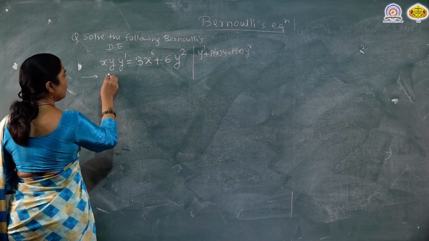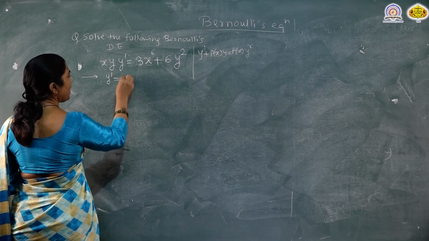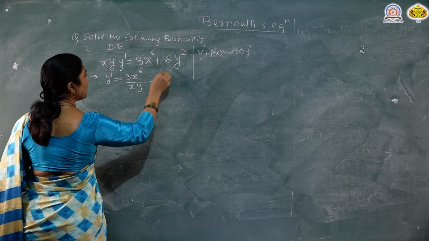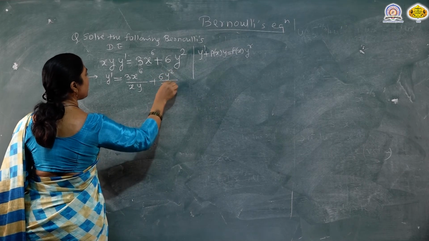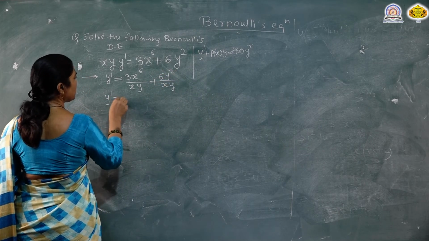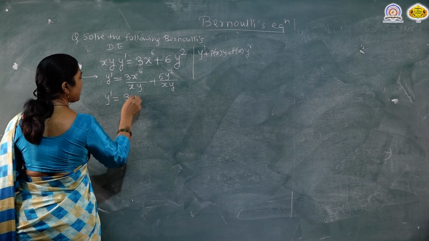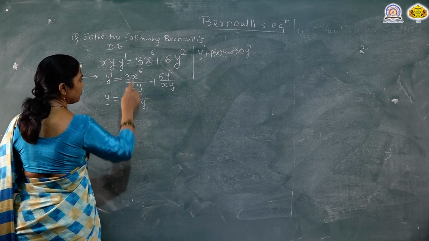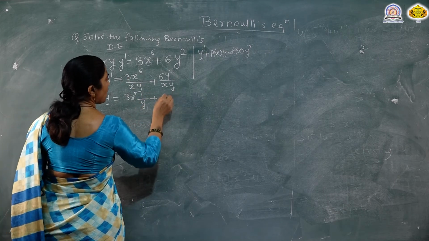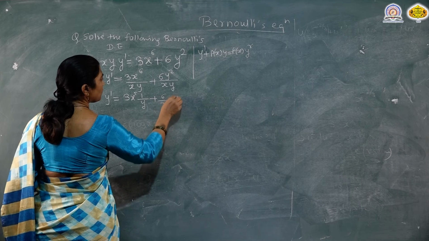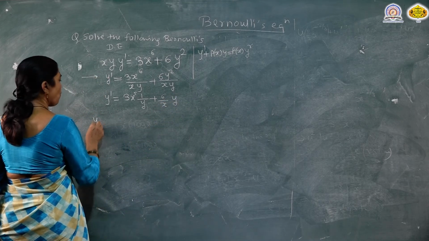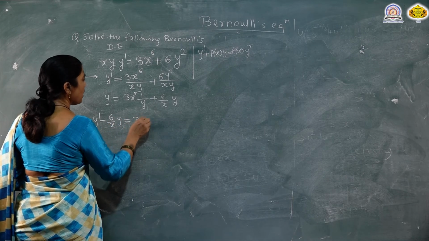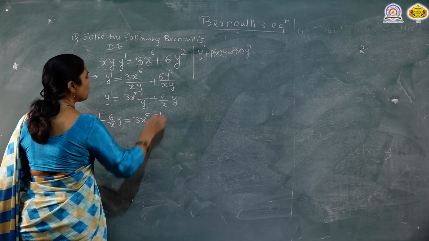So I will write down, we divide by xy, y' becomes 3x raised to 6 upon xy plus 6y square upon xy. So y' becomes 3x raised to 5 into 1 upon y plus 6 upon x y, that is y' minus 6 upon x y is equal to 3x raised to 5 y raised to minus 1.